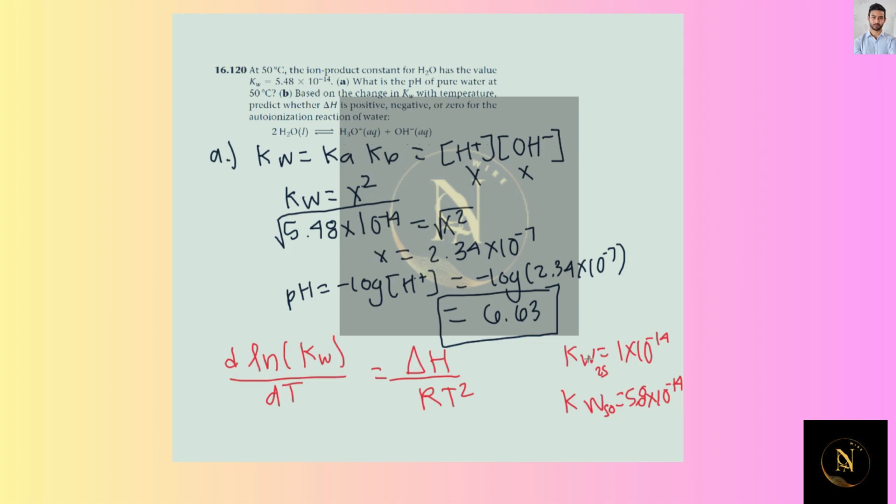Since our Kw is increasing, we know that it's going to be positive on the left, and therefore our delta H is going to be positive as well, because it's going to change in the same way because of the ratio. Whatever happens to the top is going to happen to the other side as well.